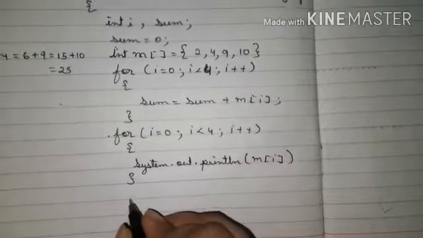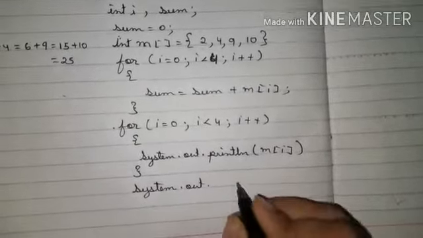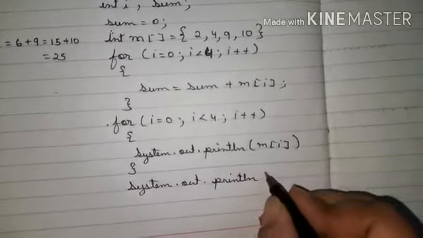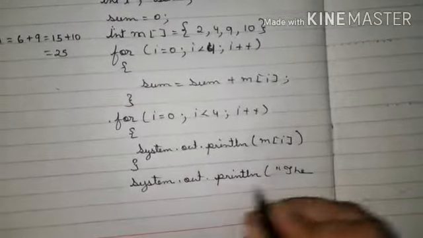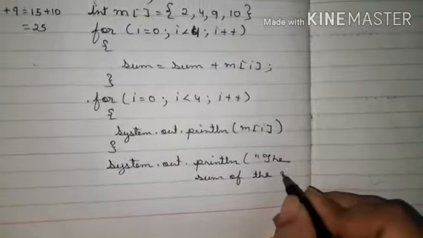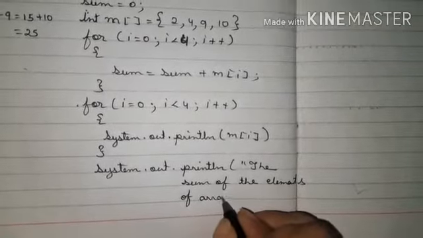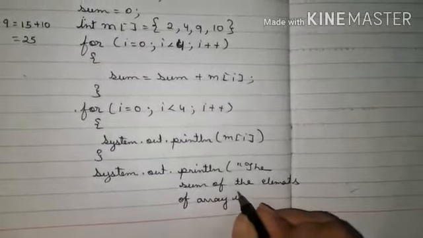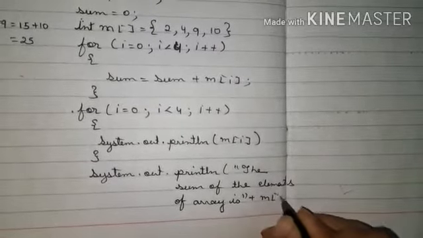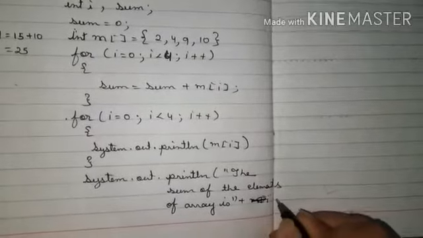The sum is a normal display, so we'll write System.out.println, the sum of the elements of the array is, and since it is a string, plus sum.